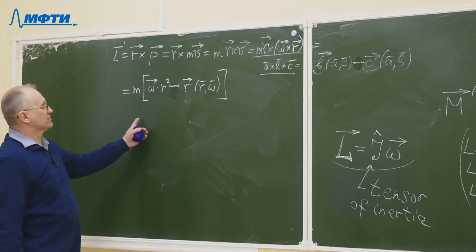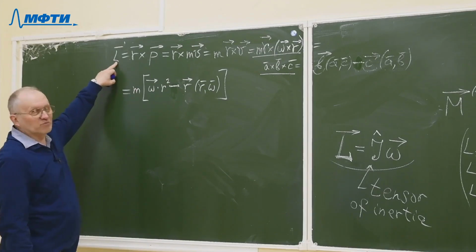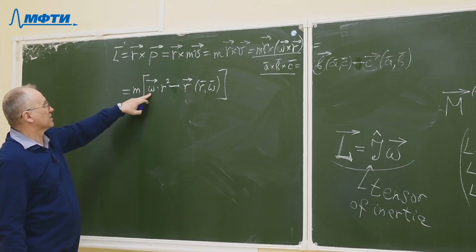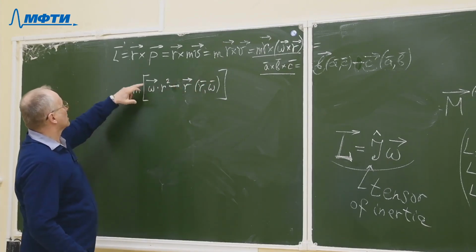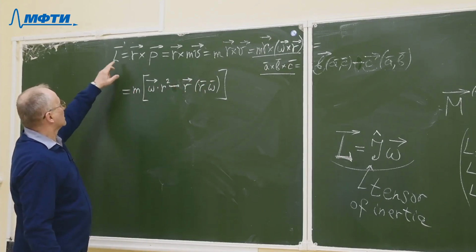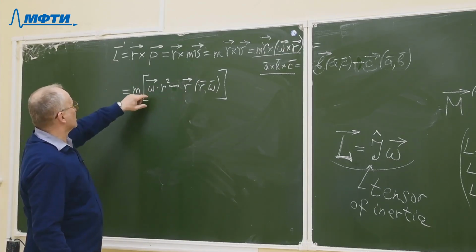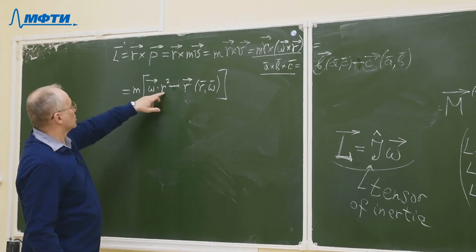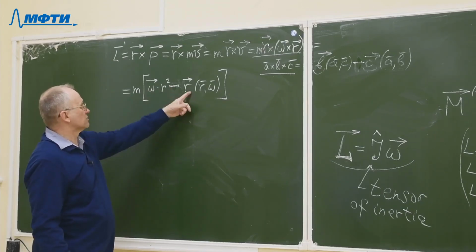In such a form, this formula clearly indicates that the vector of angular momentum L does not coincide in direction with the vector of angular velocity omega. If it were not for the second term, then the direction of omega would coincide with the direction of L. But the second term spoils this, and actually the direction of L will be the direction of omega with some coefficient R squared, minus some other vector which has a different direction.